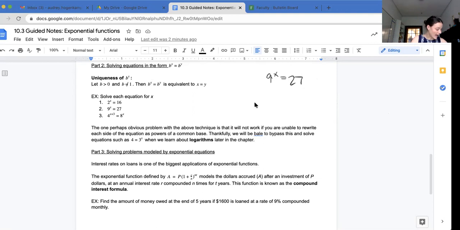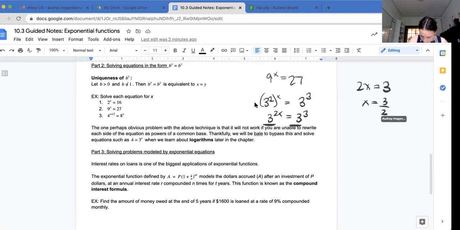So instead of 9, we could write this as 3 squared to the x is equal to 3 cubed, in which case our base is both 3, right? And then when we have a power to a power, we multiply. So we could rewrite this as 3 to the 2x equals 3 cubed. Then we have the same base and we can apply our uniqueness theorem and we get 2x is equal to 3. So x is equal to 3 halves.